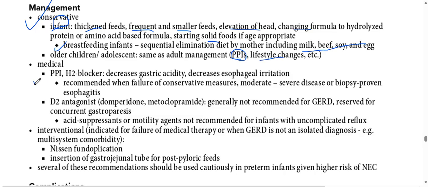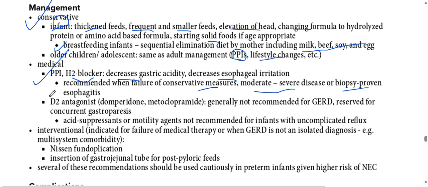Medical management is use of PPIs and H2 blockers, which are acid suppressants that decrease gastric acidity and esophageal irritation. So definitely acid is low, esophageal irritation is low. Recommended when conservative measures fail, in moderate to severe disease, or biopsy proven esophagitis.